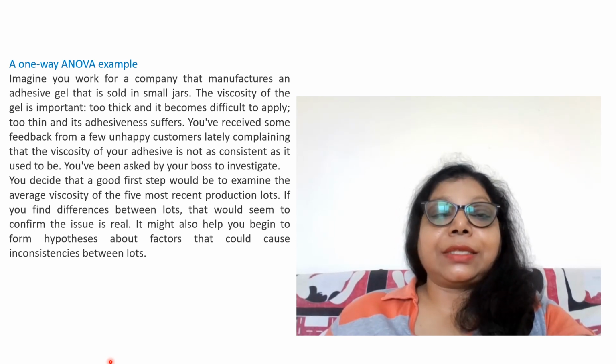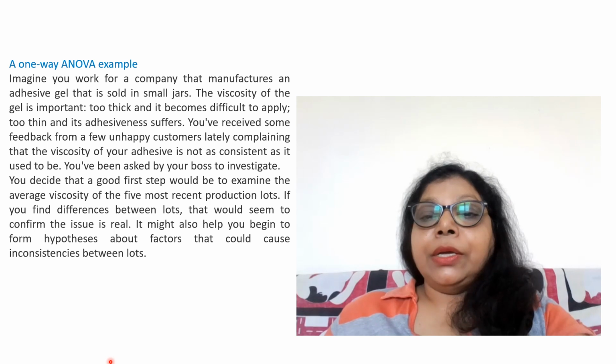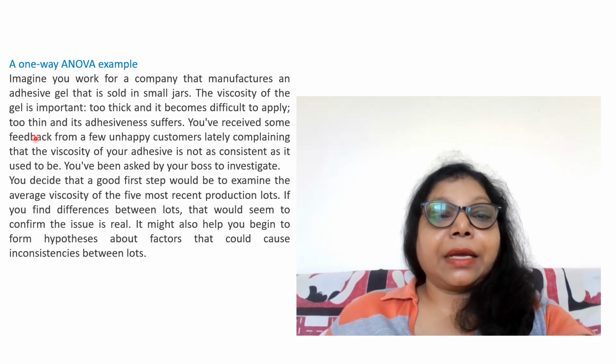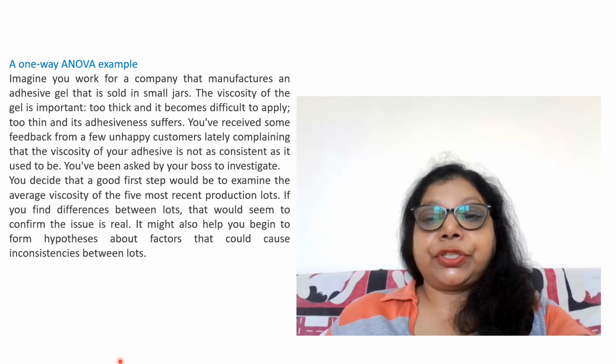To test this suspicion, we can run the process using three or more variations of this independent variable, that is, a factor, and then take a sample of observations from the results of each run.